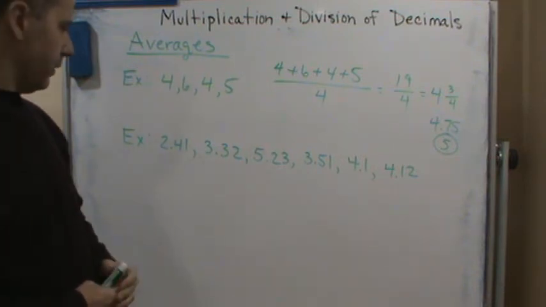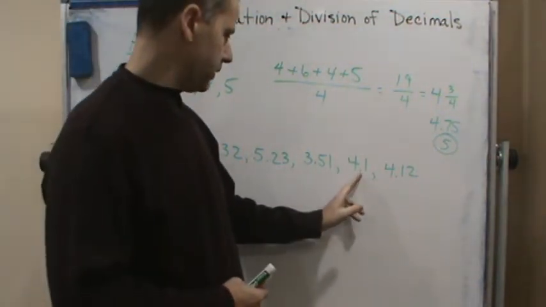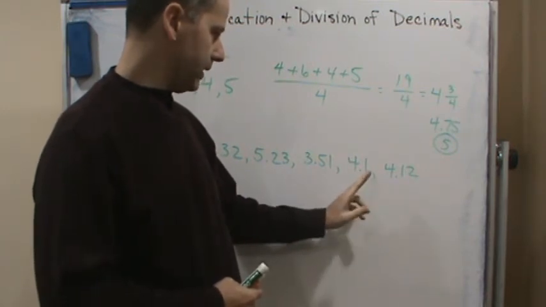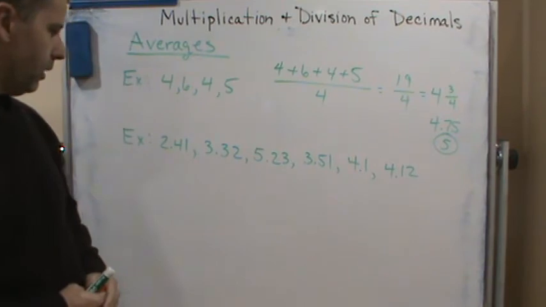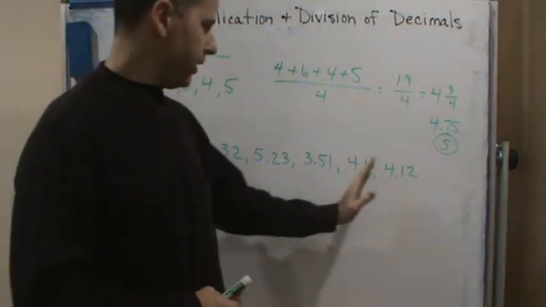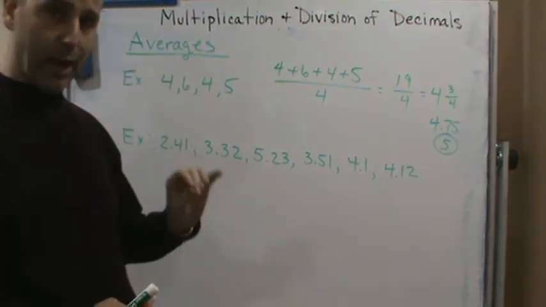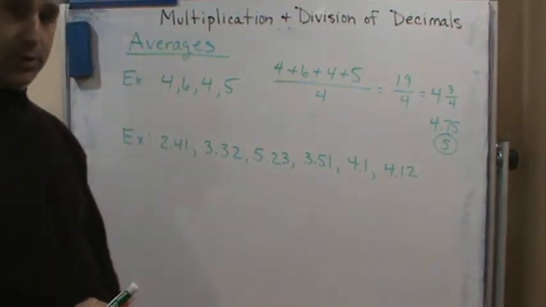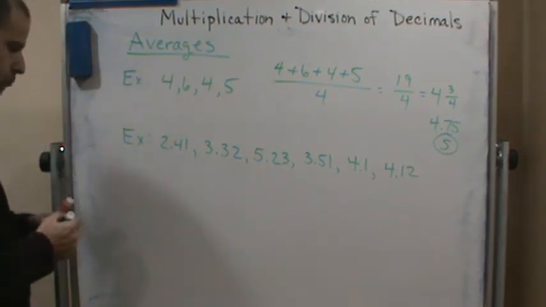Okay, so in this case here, this would be the least precise one. Okay, because this is only precise out to the 10th place. Okay, and so we're going to do our average, and then when we get our average, we're going to round to the nearest 10th, because again, we want to match with the least precise measurement.